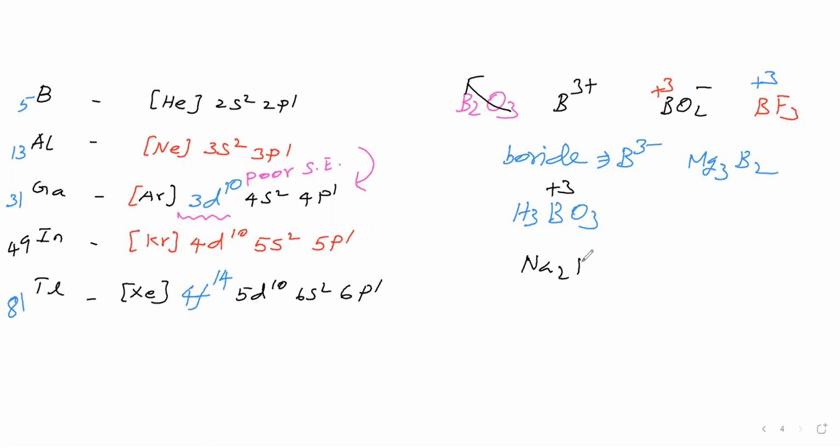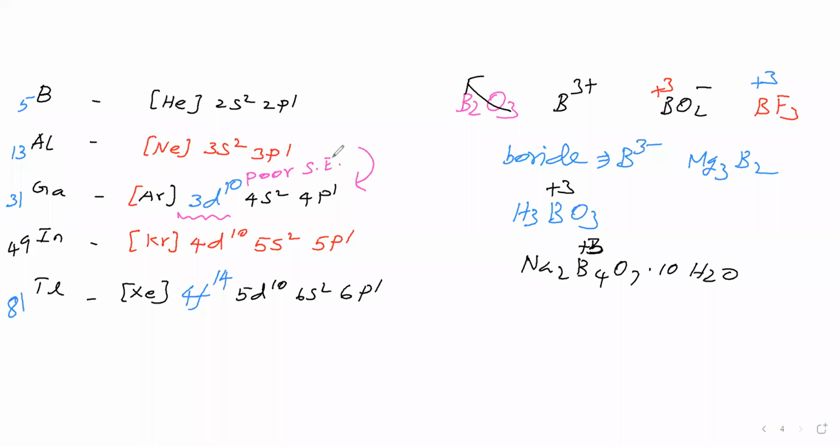Borax, Na2B4O7.10H2O. Here boron oxidation number is plus 3. Like this, in the boron compounds, boron shows plus 3 oxidation number. In the borides, boron shows minus 3 oxidation number.